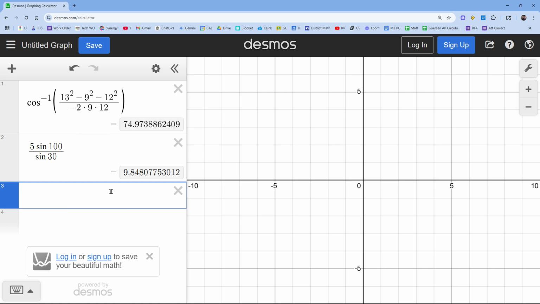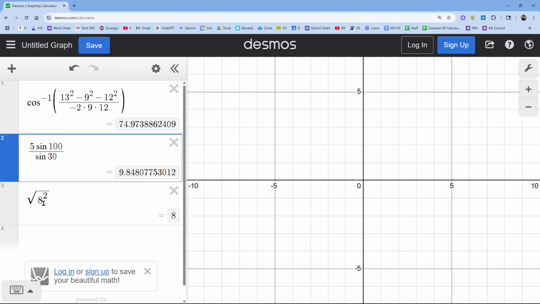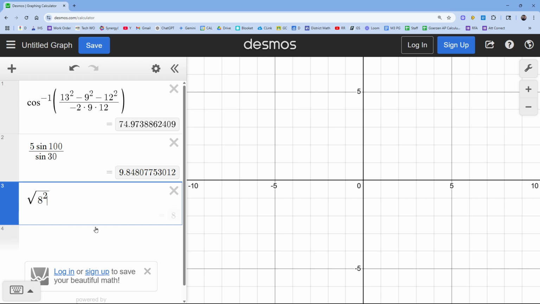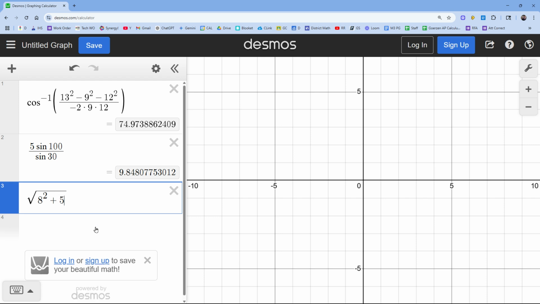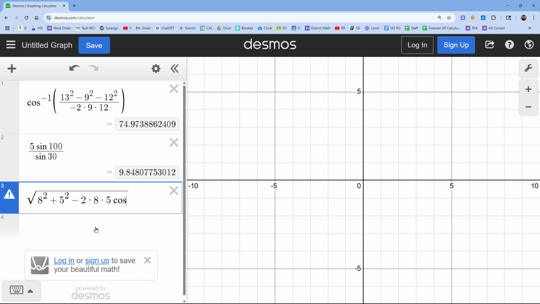So if you type the letters SQRT, you get a square root sign, and then it's 8 squared plus 5 squared. Oops, that's not a plus sign. So plus 5 squared. Subtract 2 times 8 times 5, and then the cosine of 43.